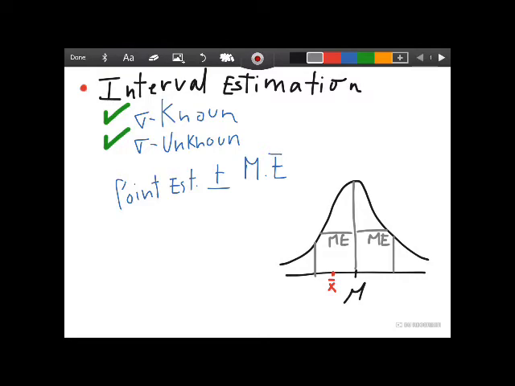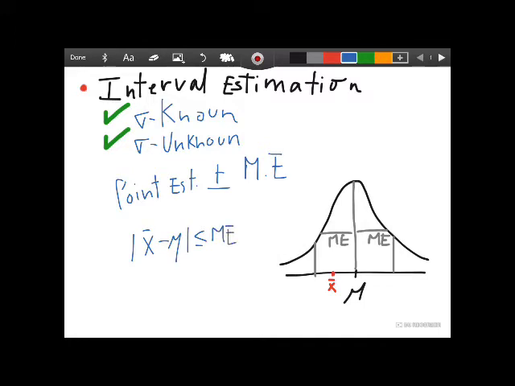The distance between x bar and mu is the absolute value of the difference between x bar and mu, and we would like that to be smaller or equal than a certain margin of error.